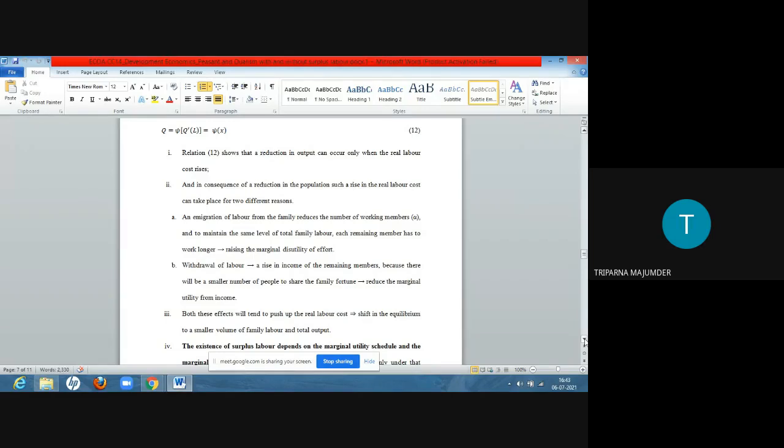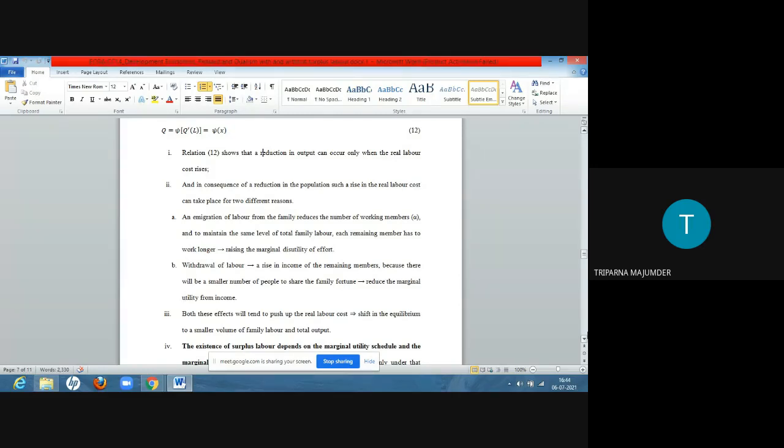That was V dash L over UQ, the marginal rate of indifference substitution between labor and income. So in consequence of a reduction in population, a rise in real labor costs can take place for two different reasons.